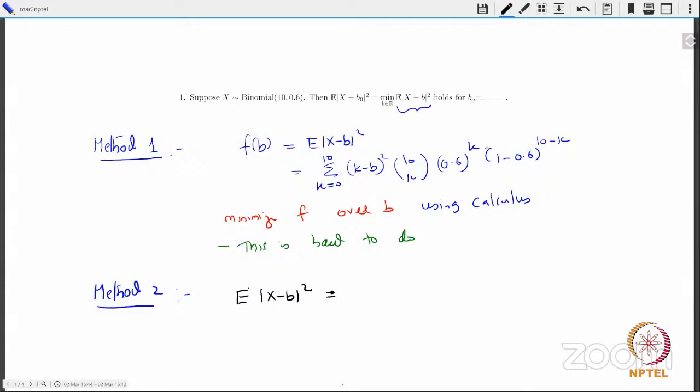So the trick is you add and subtract the mean. Let's say you let mu be equal to E of X. In this case, what is the mean of a binomial? It's 10 times 0.6, so that's equal to 6. So that's something you have a handle on.